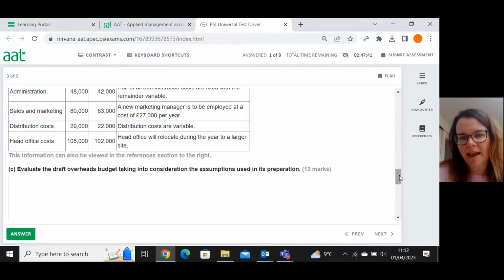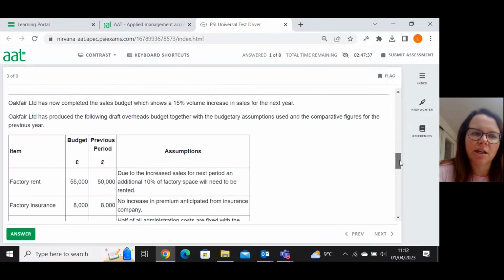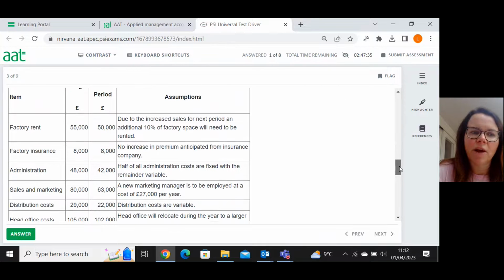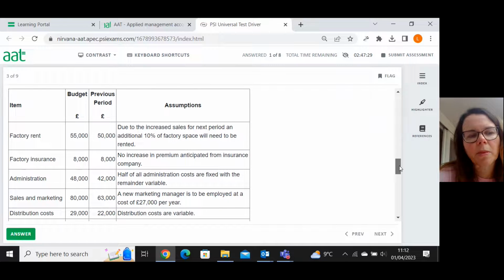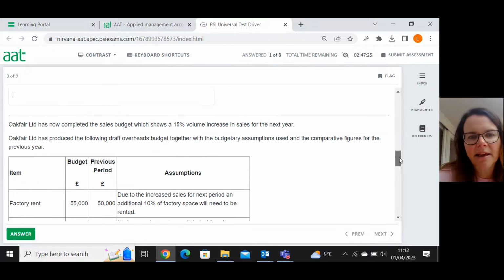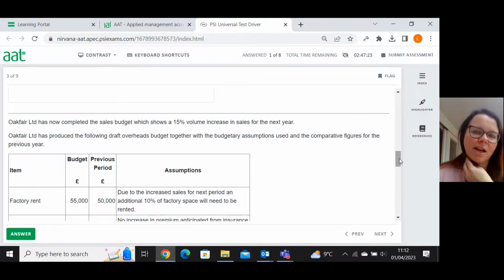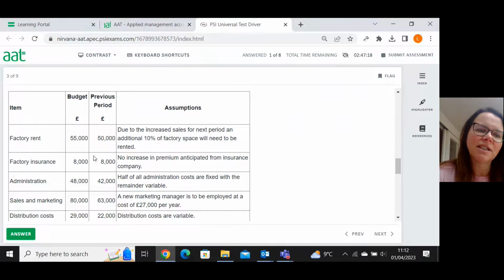Right, now I would say that you can be almost certain that you're going to get a question in your real exam where you have to challenge budget assumptions like this. So I think it's quite straightforward. It's basically saying that we've got a 15% volume increase in sales. We basically have to discuss whether the budgeted figure looks reasonable or not.